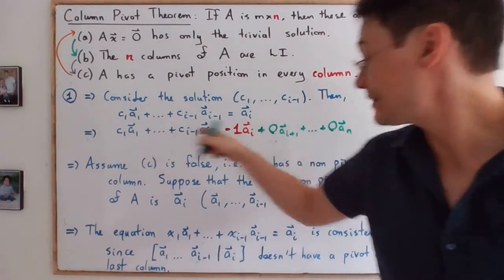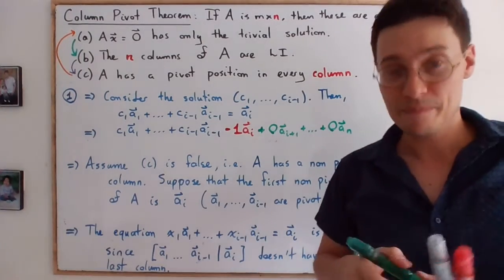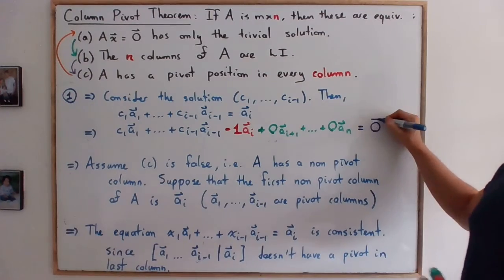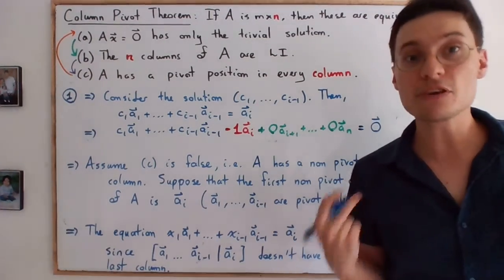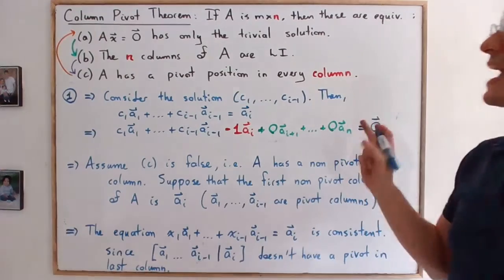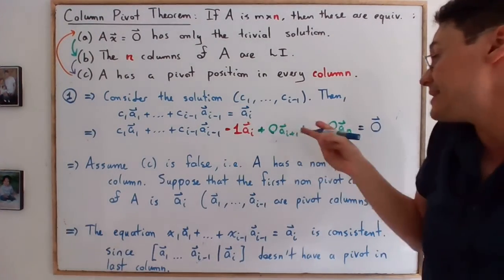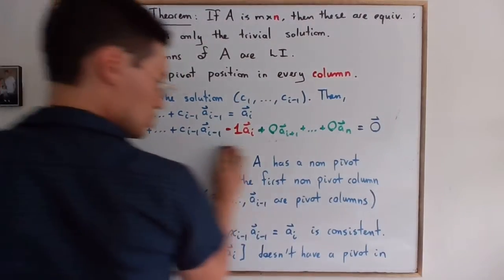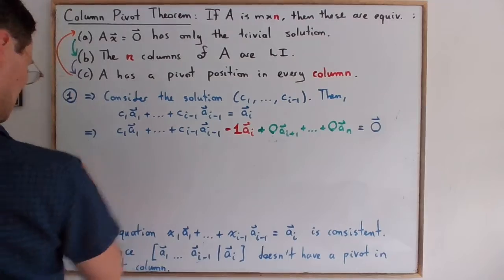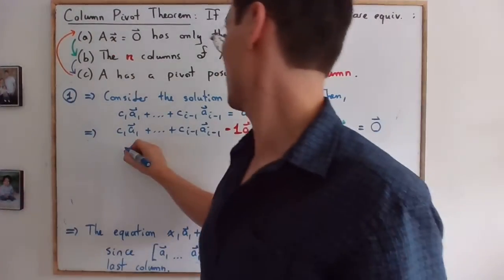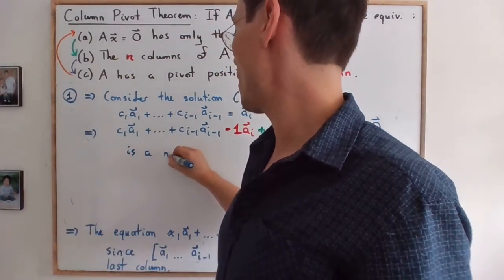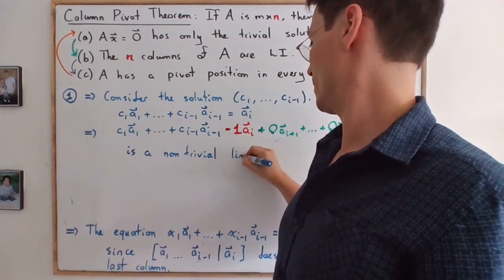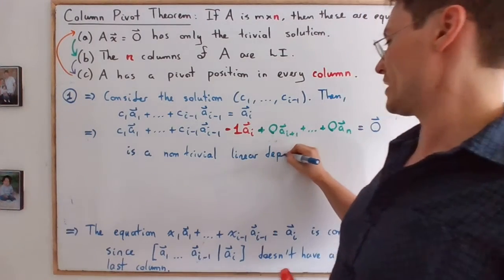So here I take all the vectors of A, and this equals 0. This is a non-trivial linear dependence relation.